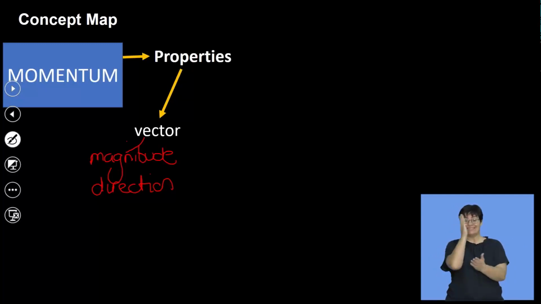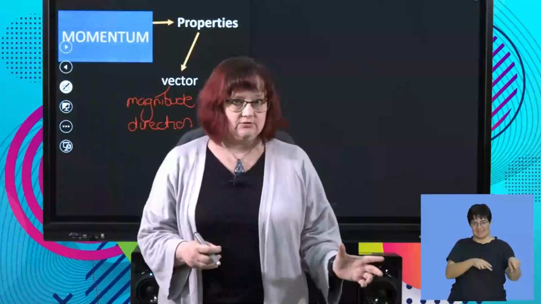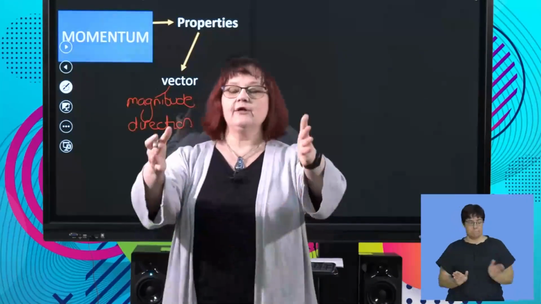The way we describe the direction is going to depend on the question, okay? So we've got to look at the question and describe direction the way the question describes direction. Also, just a side note, when you look at direction and you've got a diagram, just because the object looks like it's going to the right doesn't mean it's going east.